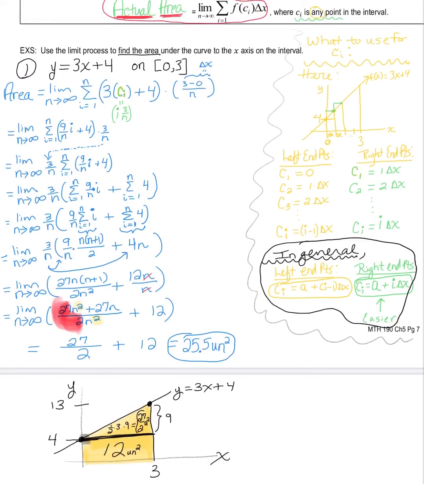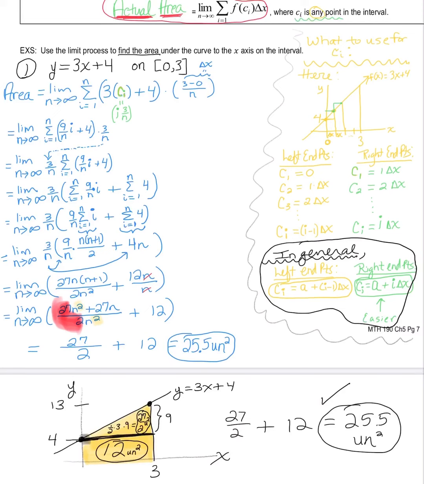Of course, that is exactly what we get when we add these two portions together: our 27 halves plus the 12. So on our first example here, we can see that good old basic geometry allows us to check that and verify our answer.